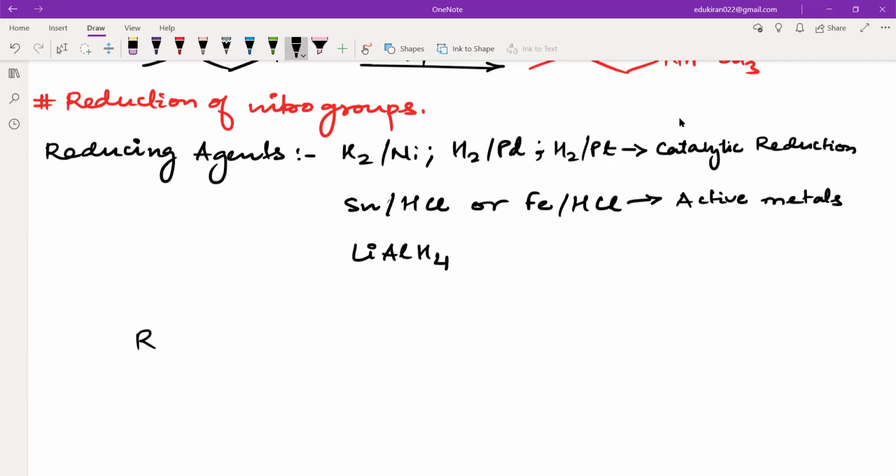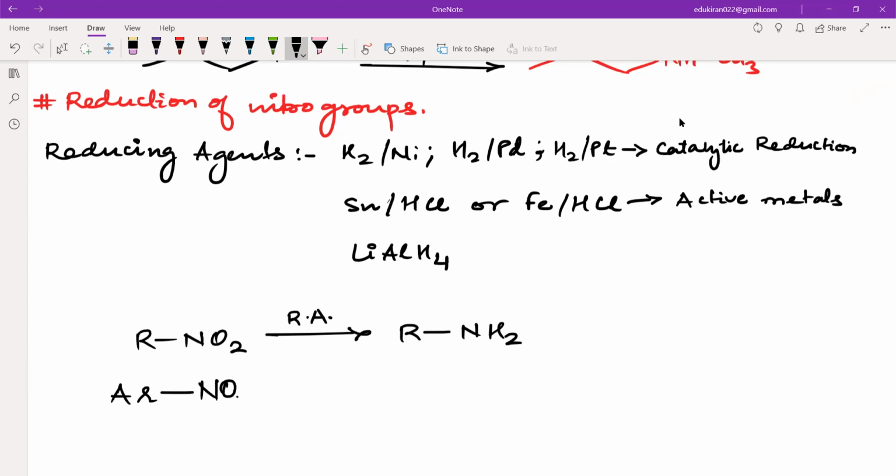You can use RNO2. If you use any reducing agent, you will get RNH2. Simple reduction, RNH2. Even if you have nitrobenzene type of thing, you use any reducing agent, you will get RNH2. Any problem till here, guys?